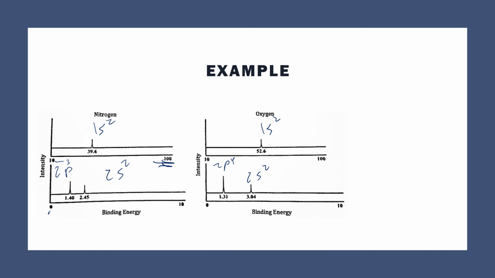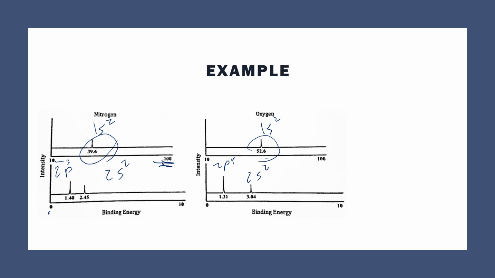One thing that they could do, though, is they could ask you to compare them to each other. So look at the energy for a 1s electron in nitrogen is 39.6. For a 1s electron in oxygen, it's 52.6. So the way that you can explain that is using the protons.